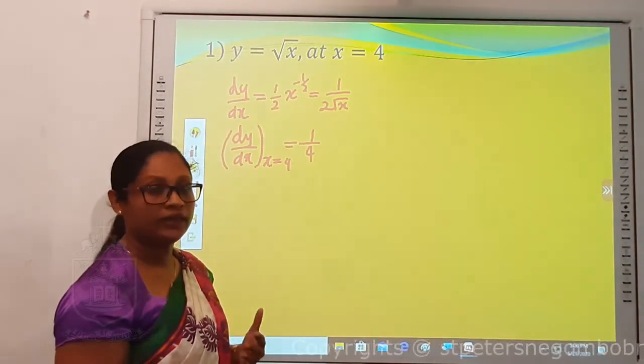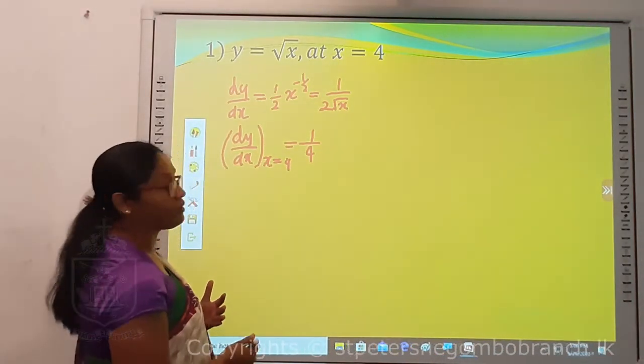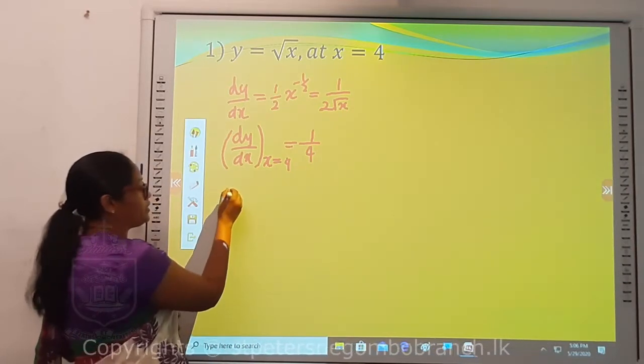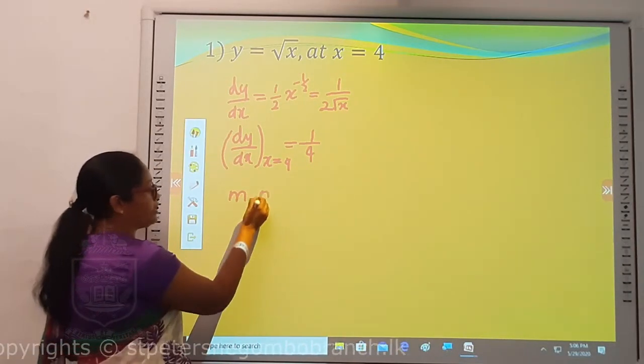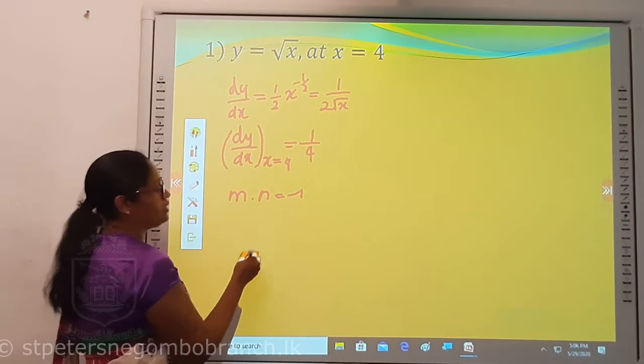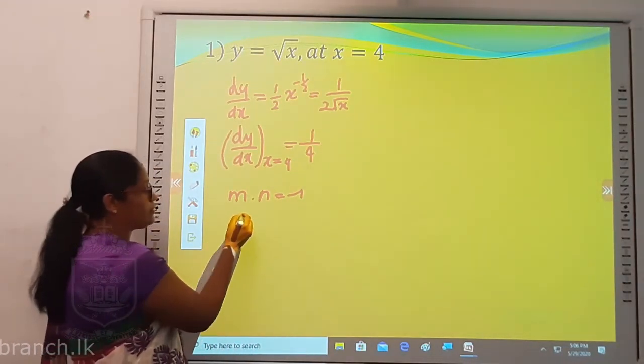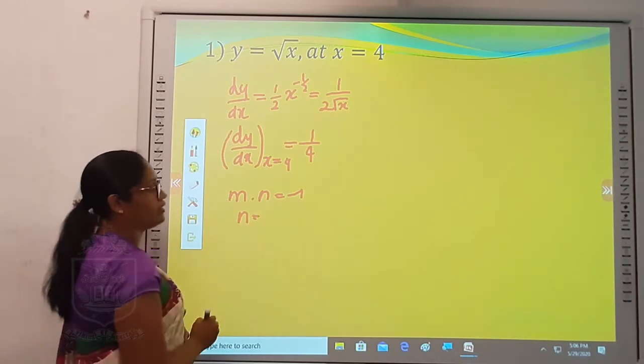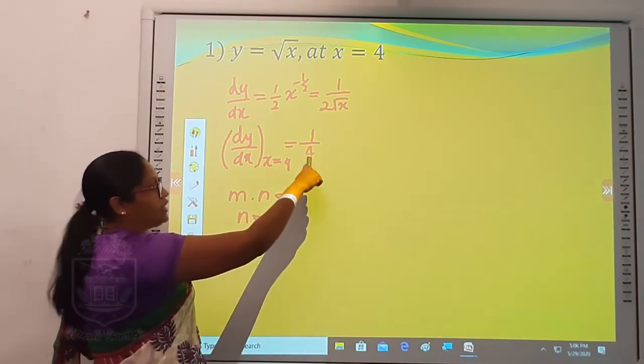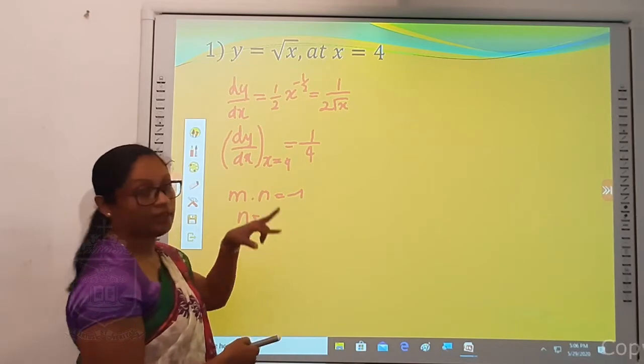Now we're going to find the gradient of the normal. For the gradient of the normal, we can use this relation, m times n is equal to minus 1. If this is the gradient of the tangent, this is the normal. So n we can write what? You have to change the sign and then take the reciprocal.